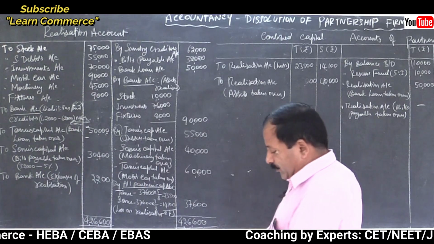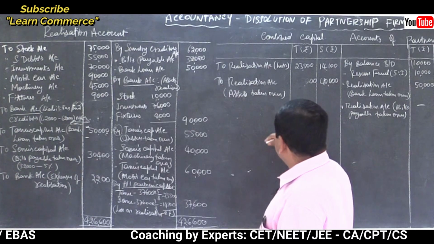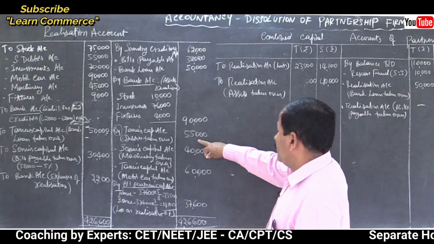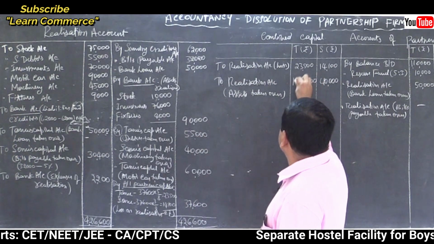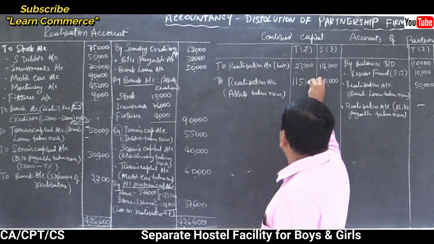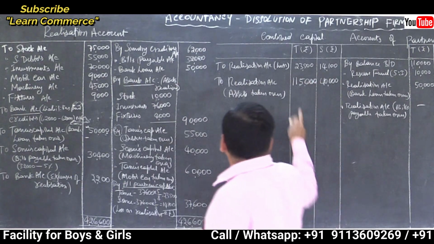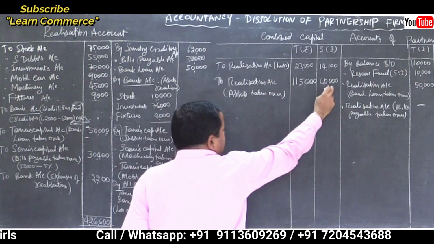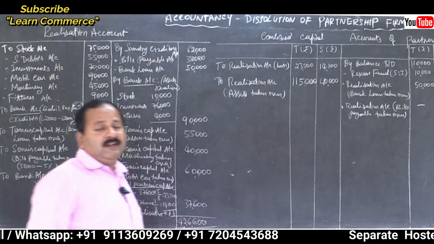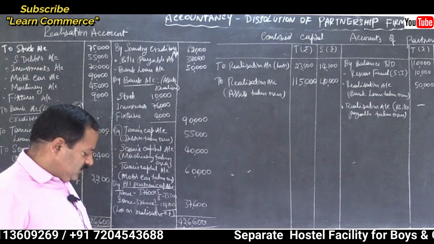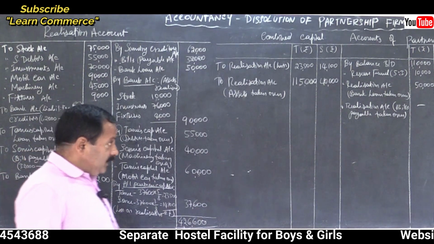Assets taken over I wrote already, so make it 60 plus 55, isn't it? So 1,15,000. Make this figure 1,15,000, so that two assets are covered here and one asset is covered here. So all the three assets are covered. Correct.